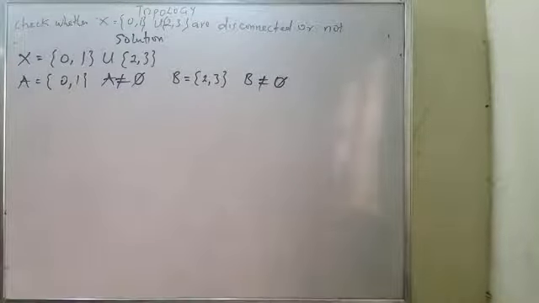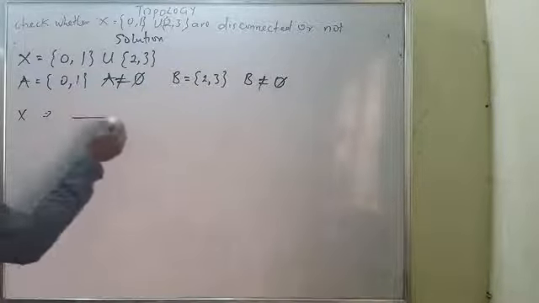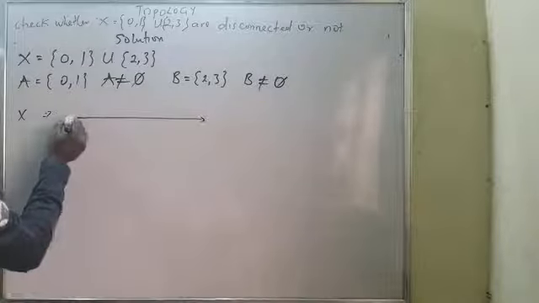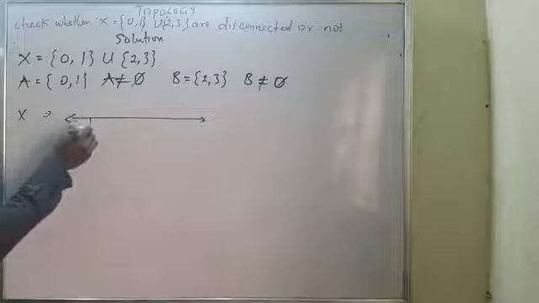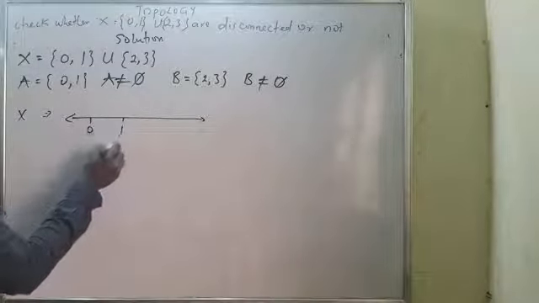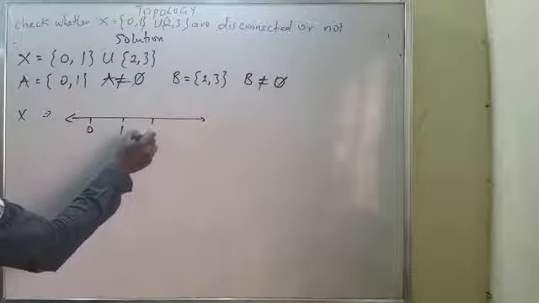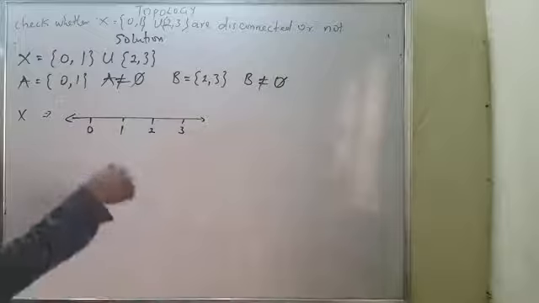If I want to interpret this in a normal way, I can generate a number line like this, where 0 is my origin, then I have 1, I have 2, and I have 3, and so on.